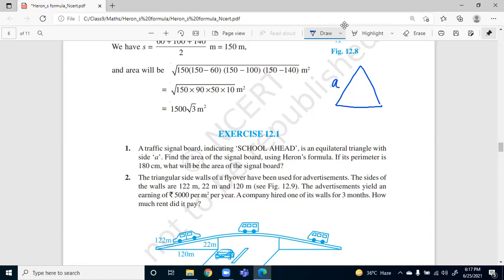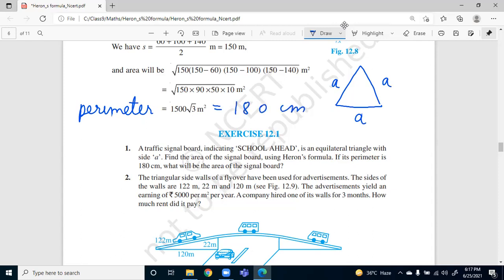If it is an equilateral triangle, then all sides are equal, so all sides should be a. You need to find the area of the signal board using Heron's formula. If the perimeter is 180 centimeters, so what is being given here? Here it is given that the perimeter of the triangle is 180 centimeters.